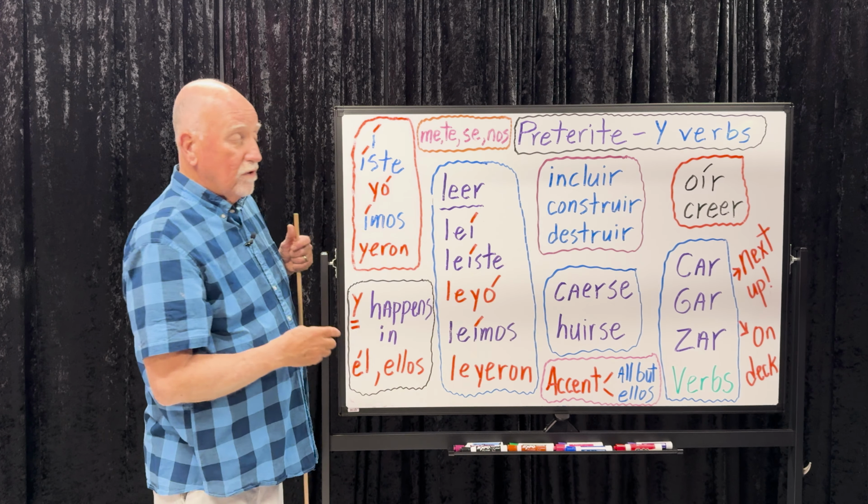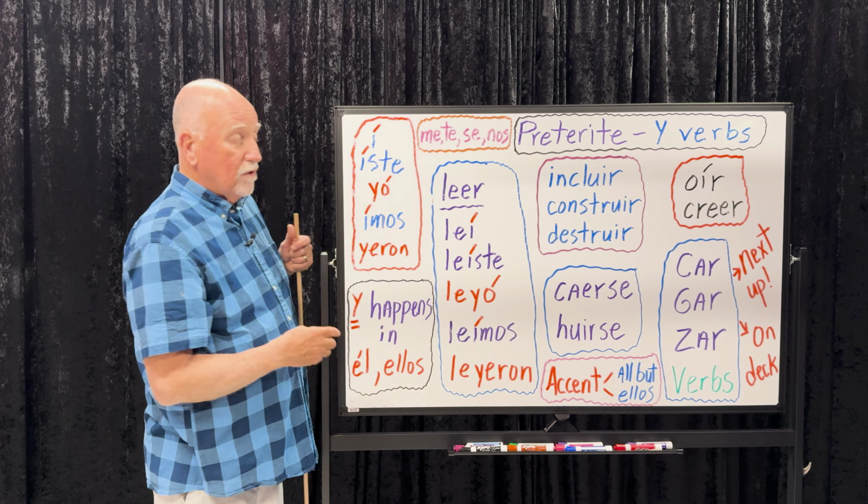Pick up the INCLU. Inclu, inclu, inclu. Put in include. Let's overemphasize. I included. Incluí, incluiste, incluyó, incluimos, incluyeron. You build your confidence. Let's go with construir. Get the IR out. Bring it up. CONSTRU. Constru.